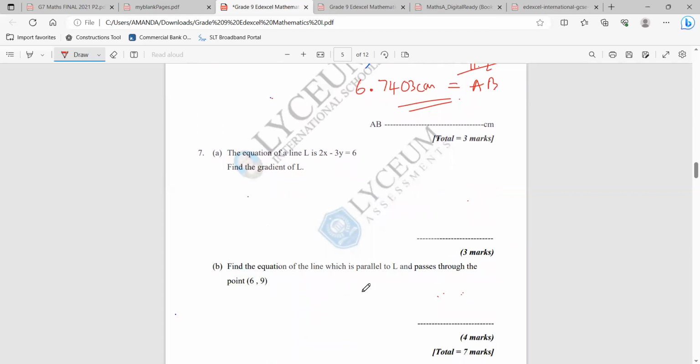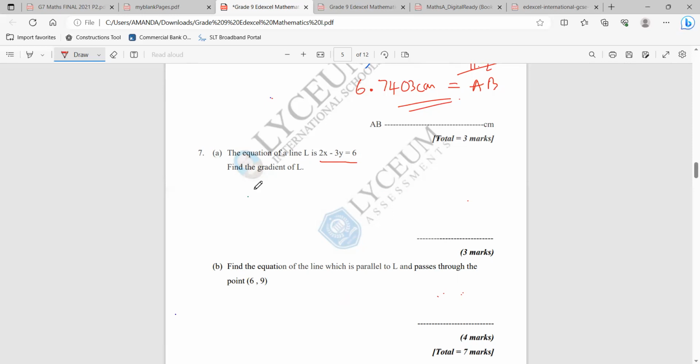The equation of line L is 2x minus 3y equals 6. Find the gradient of L. Gradient I know is m. Gradient means m. And so we have a formula like this. Now, when I look at this, it doesn't look like the generic formula that we know for these sort of lines.